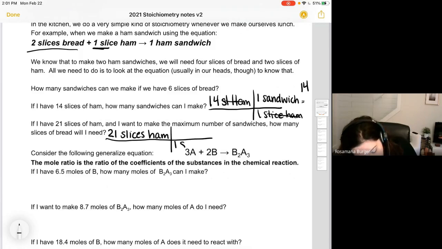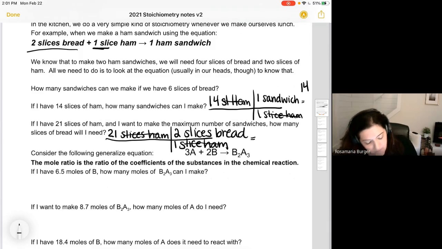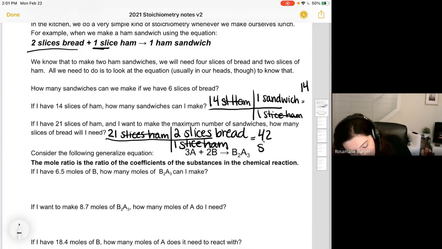So slices of ham cancels out, and I'm left with slices of bread. So that means I need 42 slices of bread.